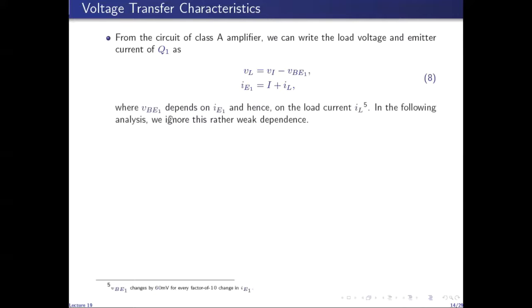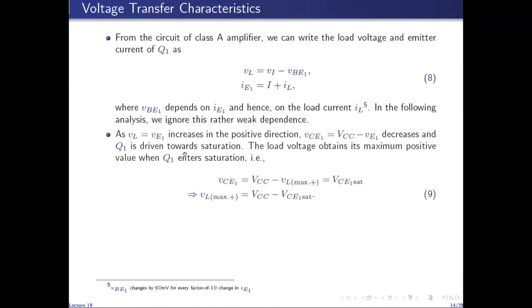If we ignore the dependence of VBE on IE, that is, VBE changes by about 60 millivolts for every factor of 10 change in IE, which is a rather weak dependence, then we can see that the load voltage is just a shifted version of the input voltage. The input voltage is shifted by VBE at the load, so the load voltage is a shifted version of VI.